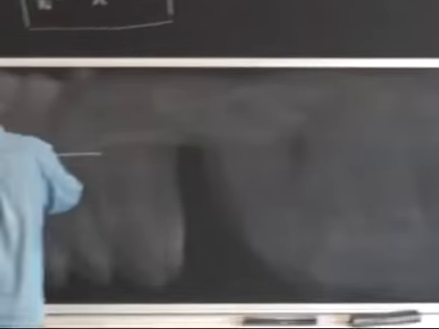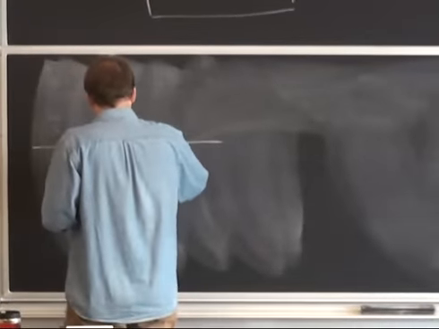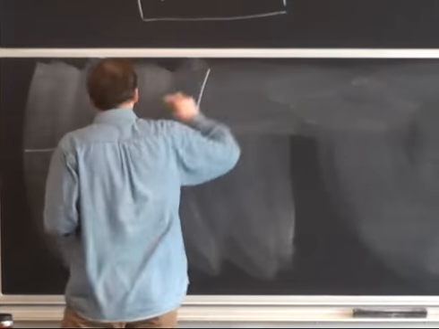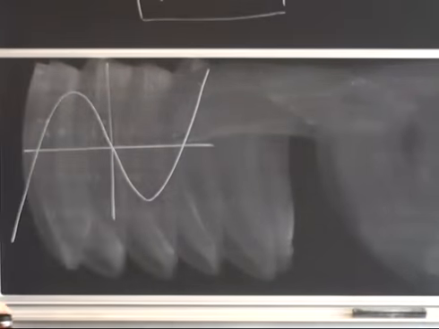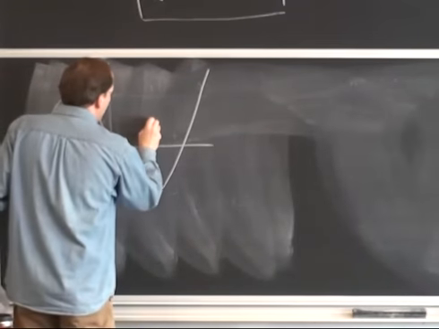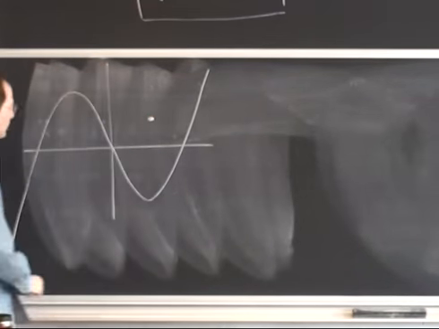Draw the cubic fairly big because you're going to need room. And so now start somewhere and see if you can figure out what's going to happen. Suppose we start there.